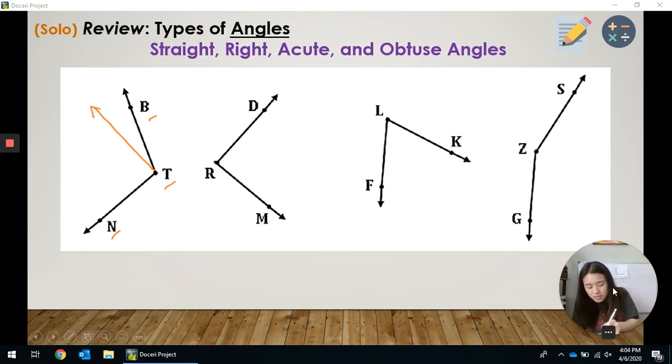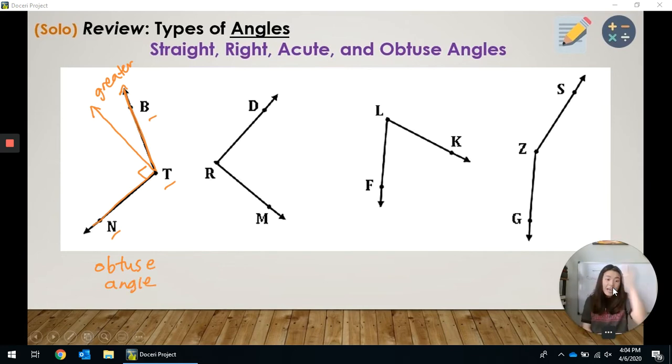So this and this would be my right angle. We see that this ray right here, TB, is greater than or further than the right angle. That makes it an obtuse angle, right? Because it's past the right angle.